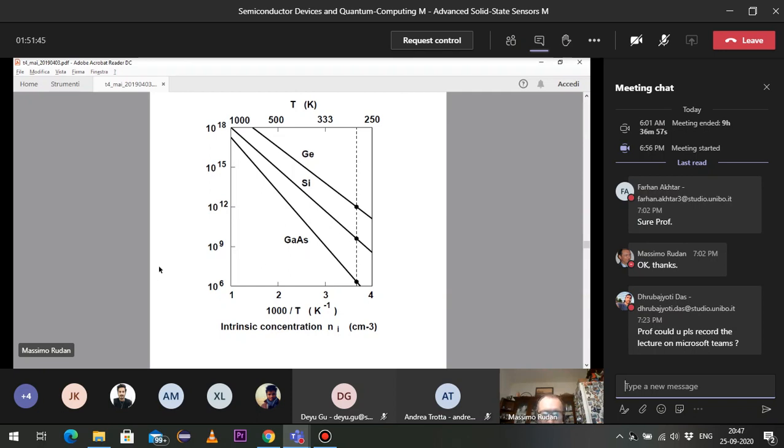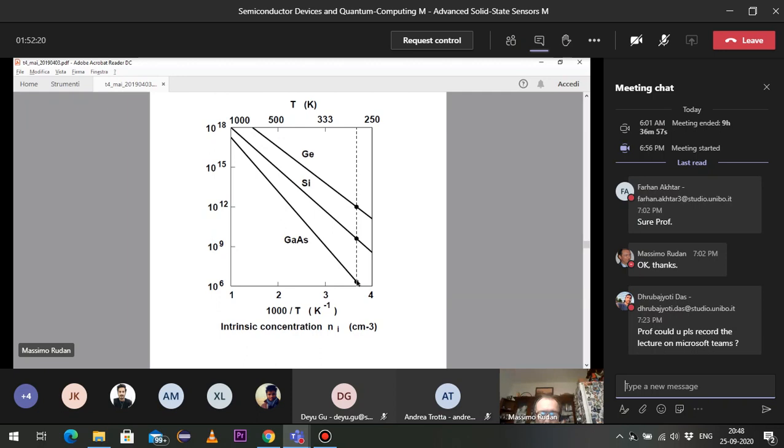So the horizontal axis has 1000 over T. When you see 1 here in the horizontal axis, that means that the temperature is 1000 Kelvin. 2 means 500. 4 means 250. So temperature increases from right to left here. And the vertical axis is a logarithmic scale.